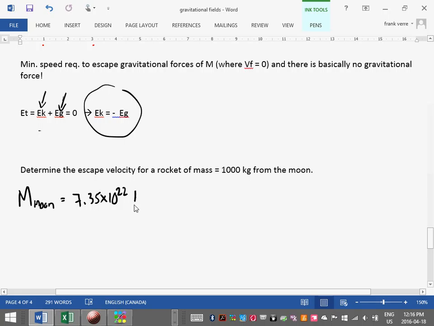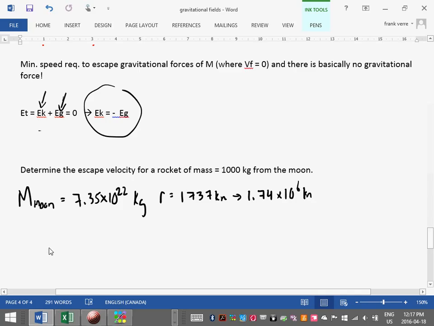Okay, and what's the radius of the moon? 1.74 times 10 to the 6 meters.